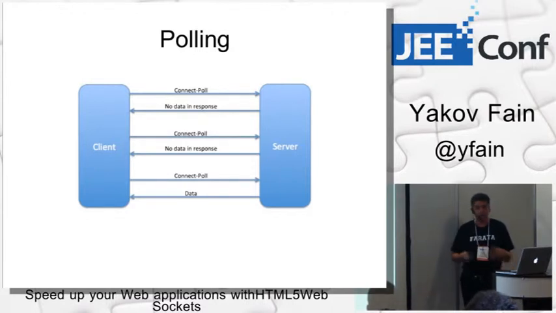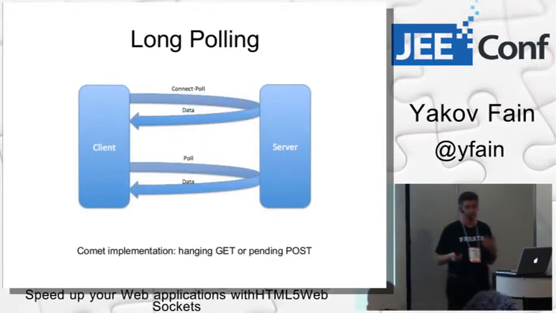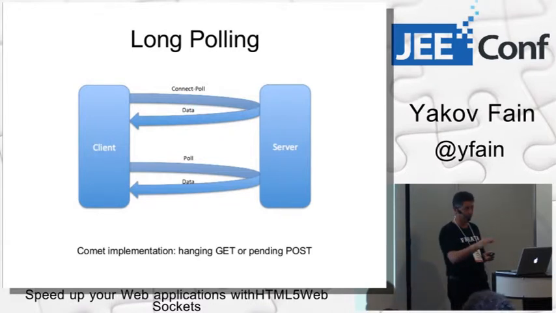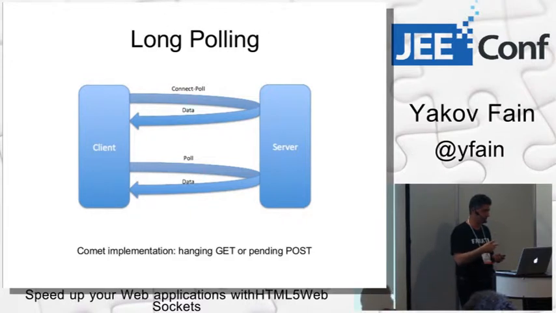Next, what they invented as a workaround, they thought it's not a good idea to poll every time. Maybe we can do long polling. It's also kind of a hack. What happens is a client makes a request. When I say a client makes a request, again, user is not typing anything, AJAX, right? So you can do an AJAX request from the page without user interaction.